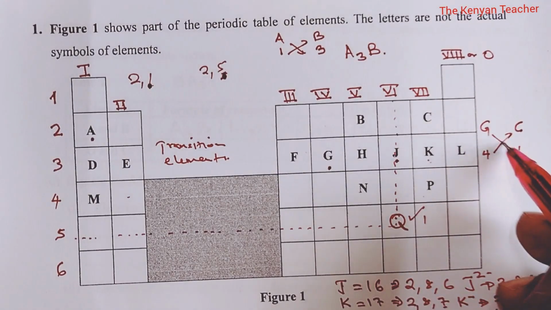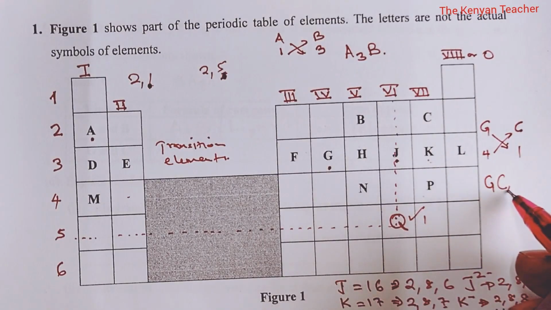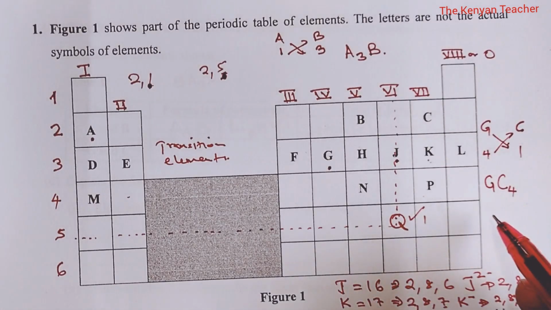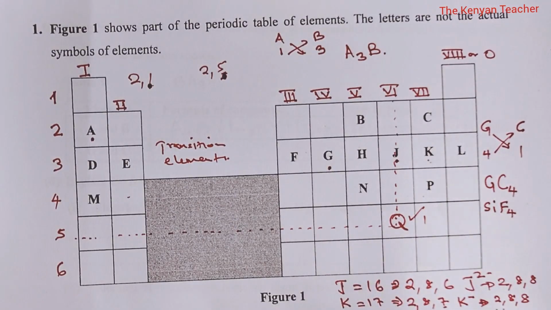So as we do the interchange of valencies, we realize that the formula becomes GC4. We could convert this into the actual: G is silicon and C is fluorine. So silicon tetrafluoride.